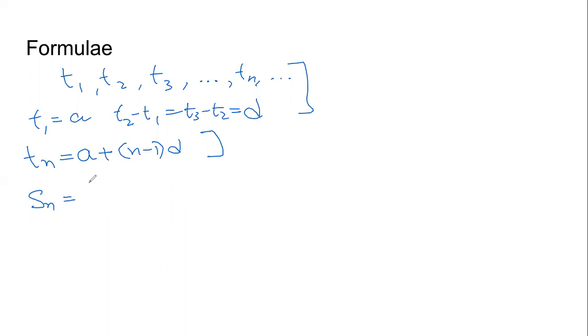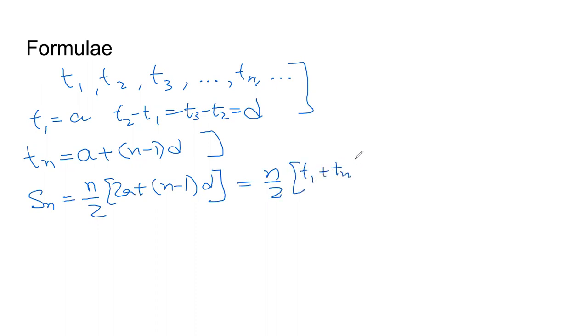So the formulae that we studied are n by 2 into 2a plus n minus 1 into d, and it is same as n by 2 into first term plus last term. This is what we studied. Of course, we looked at some specific cases of arithmetic progression formed by natural numbers, even numbers, and odd numbers. But these 3-4 lines are the summary of the chapter.